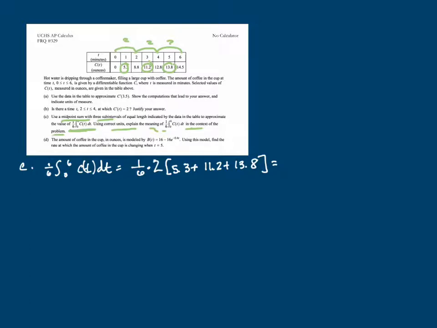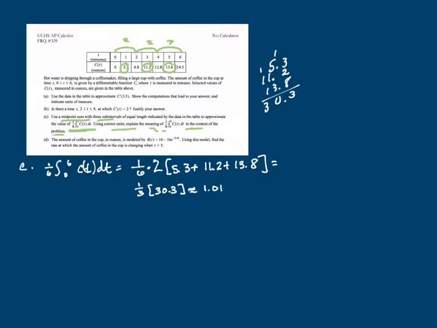So that would be 1/3 times, and then add 5.3, 11.2, 13.8. That's 30.3. And if you divide that by 3, you get 10.1.